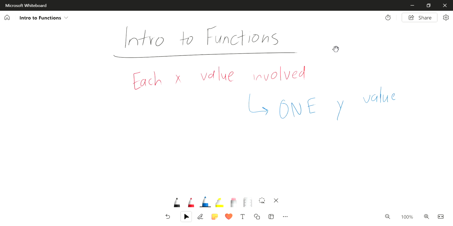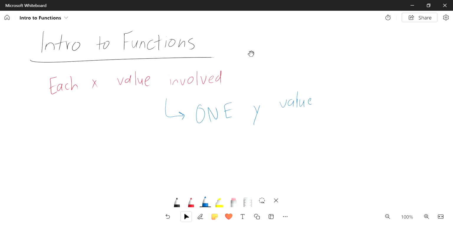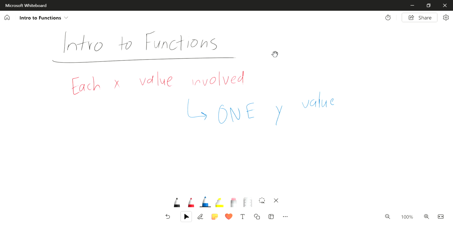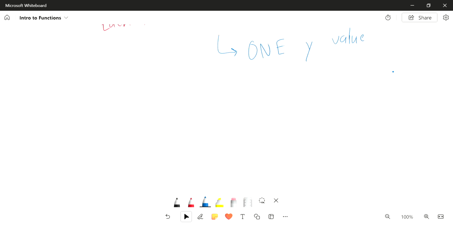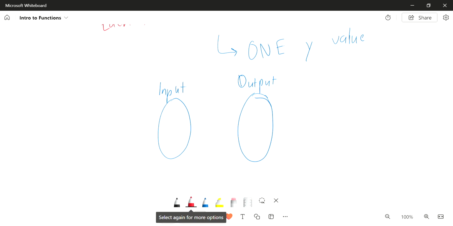But we'll go a little bit more in depth on what functions actually are and how you can recognize them in tables and maps and graphs. So essentially, if you have multiple input values and multiple output values, and then each input is randomly matched to one output, then it shouldn't be too difficult to determine any function.